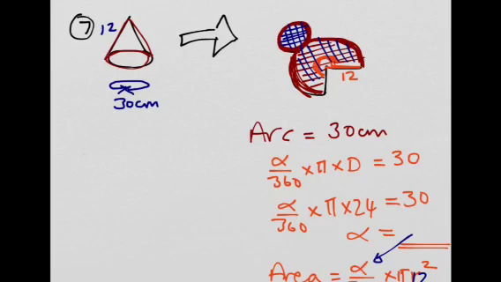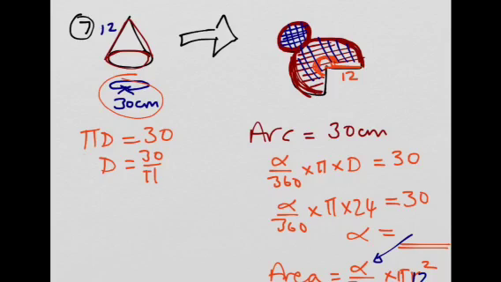Now how are we going to do that? Well, we know its circumference is 30, right, we're told that in the question. So pi times d equals 30. So the diameter is 30 divided by pi, so whatever that comes out to be. Half that gives you the radius of the circle. And then the area of the circle is pi r squared.